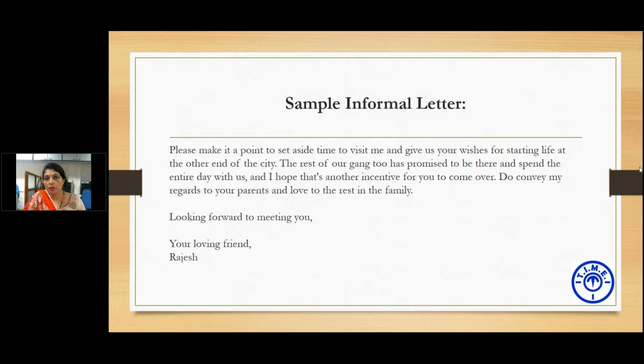Of course, at times we write to people, let's say if you're asked to write a letter to the director of your company, if you're working, or to the principal of your college. Now you do know the principal, but you cannot write to him at an informal level. So you have to stick to the rules that go into formal letter writing. I hope I'm clear. Is it? Well, thank you.